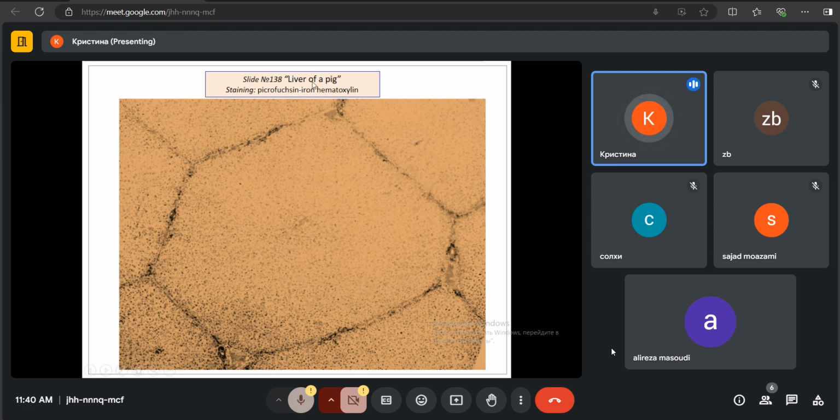Iron hematoxylin stains all cell nuclei in grayish or bluish color. So this staining was used to see better the connective tissue which separates lobules from each other. So we have these areas of loose connective tissue which show us the borders of the lobules. Here we see one lobule with the central vein in the center.